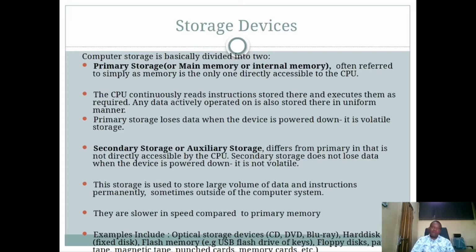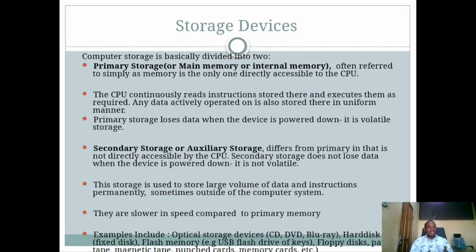So where do we keep our data? Where do we keep our files? Where do we keep our programs? They are not in primary storage. Please take note. Primary storage is not used for storing files and data for safekeeping.